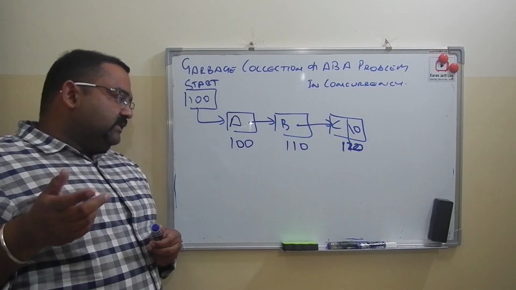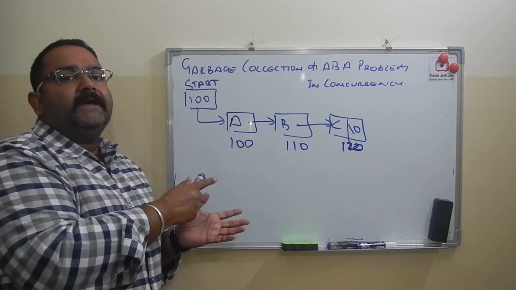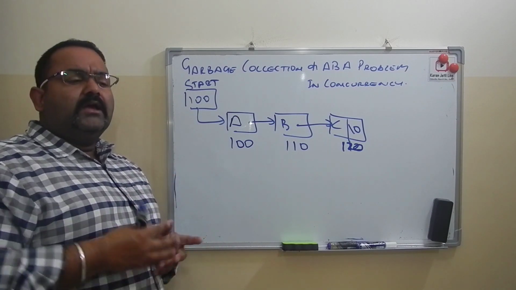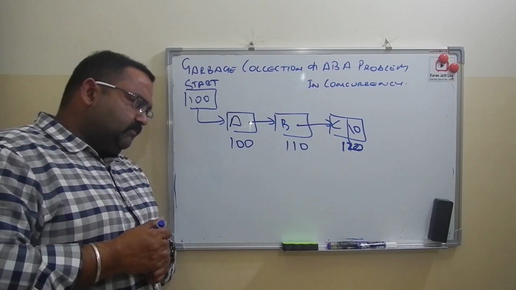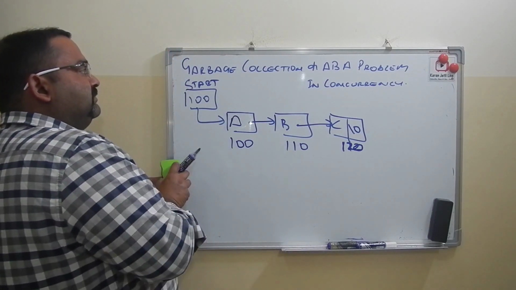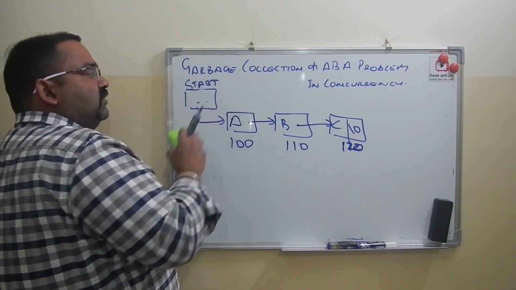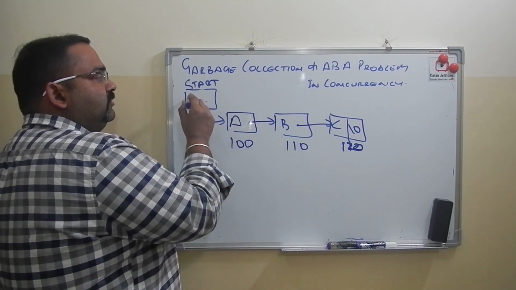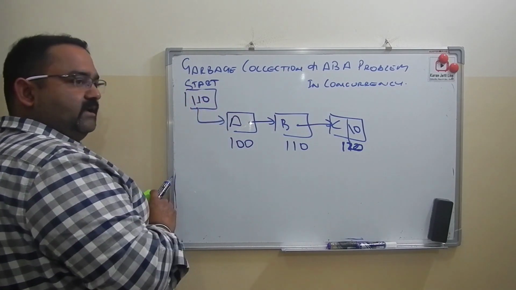Now in this linked list, suppose I delete node A. How do we delete node A? We delete it by changing the address of start. Earlier it was pointing to 100, now it will point to 110.